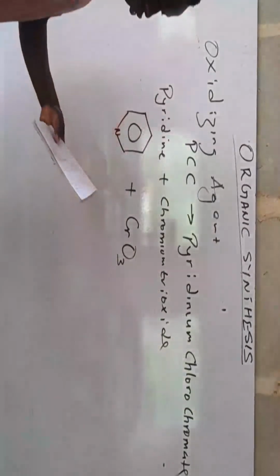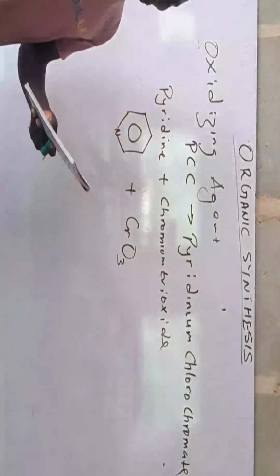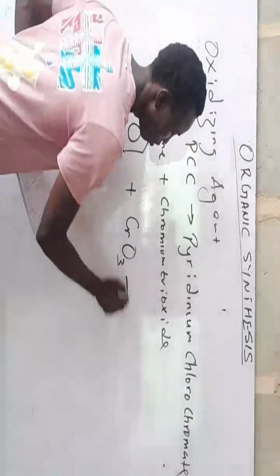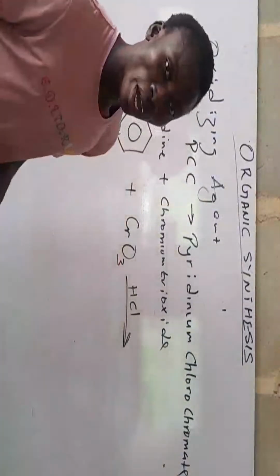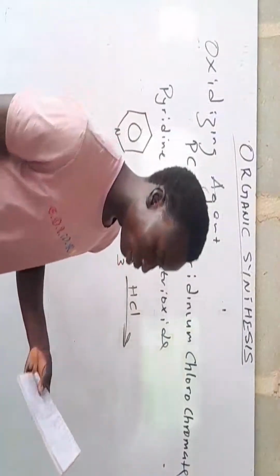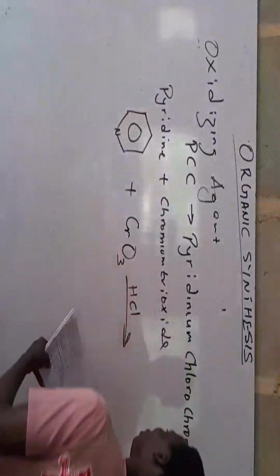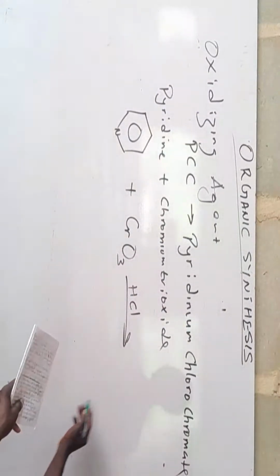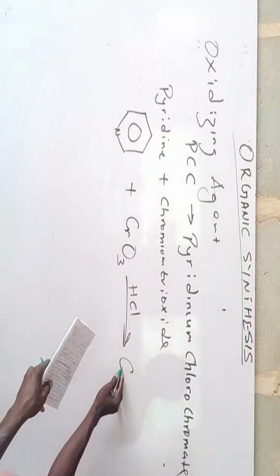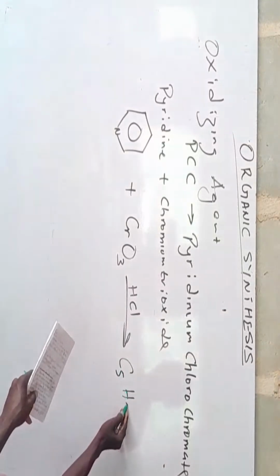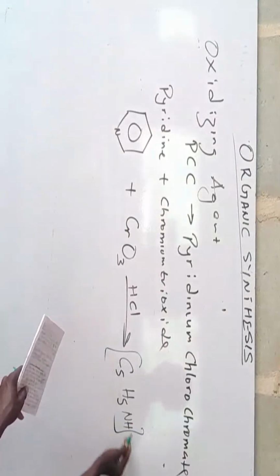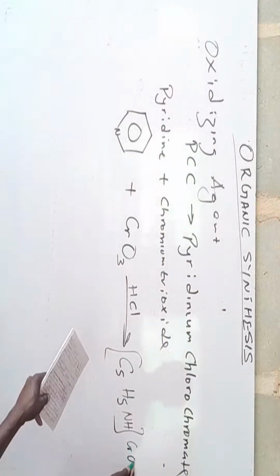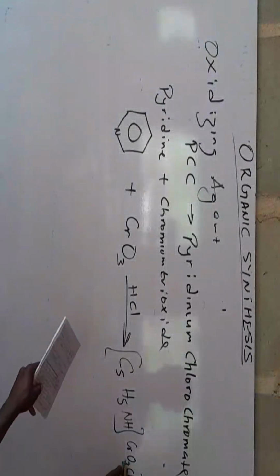So eventually, if we make use of concentrated HCl, the compound that is going to form in this place is C5H5NH followed by CrO3Cl.